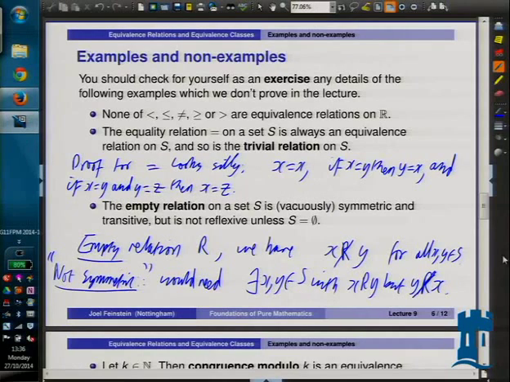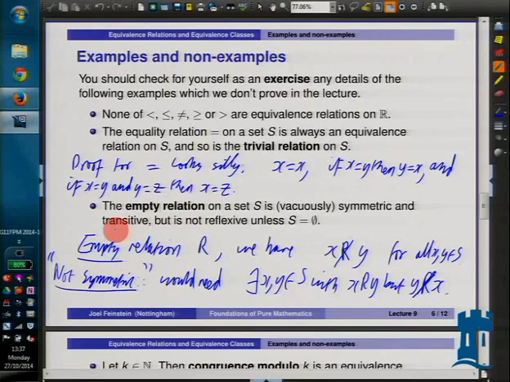But you can't do it, because there aren't any x with x related to y, so there's none of these examples, so there's no counterexamples to symmetry. That's another one of these things where something is vacuously true. It's another one of these irritating things about the empty set. So the empty relation is symmetric, and for the same reason it's transitive. You can't find any counterexamples, because to get a counterexample to transitivity, you have to find x, y, and z with x related to y, y related to z, but x not related to z.